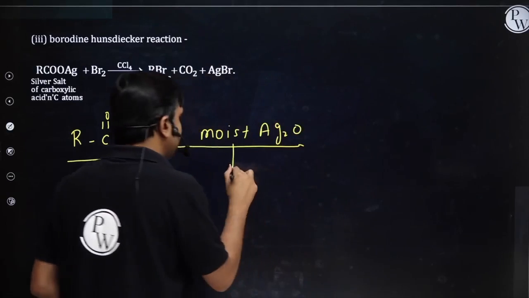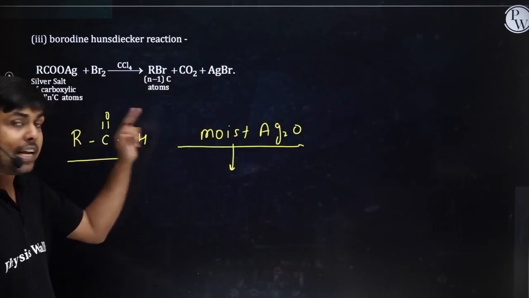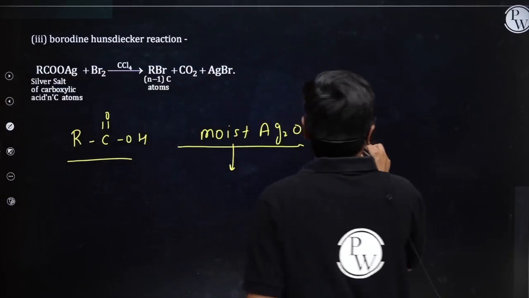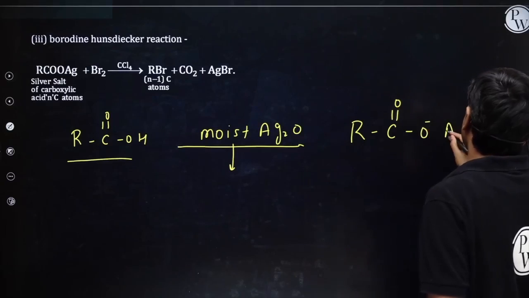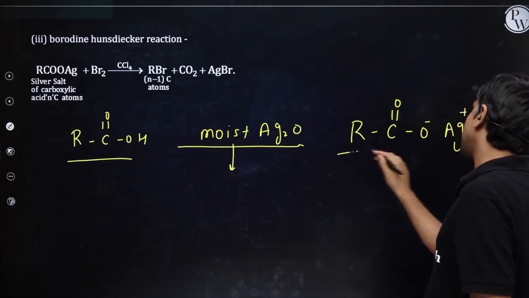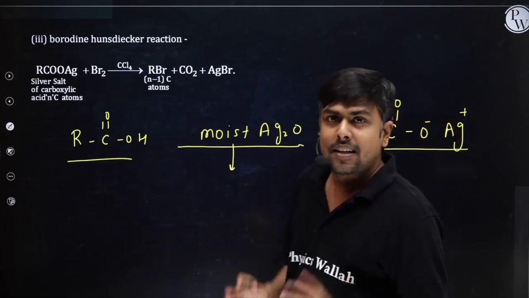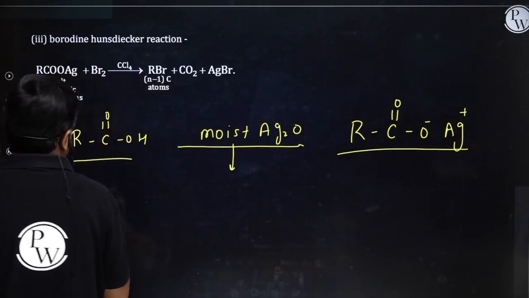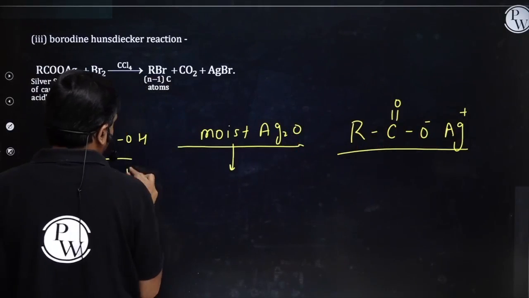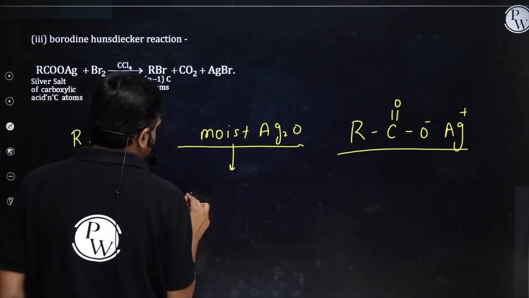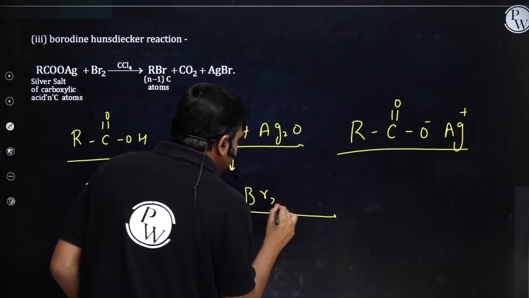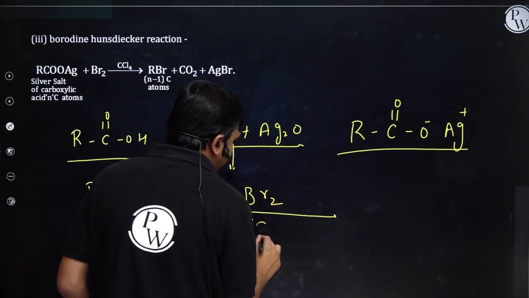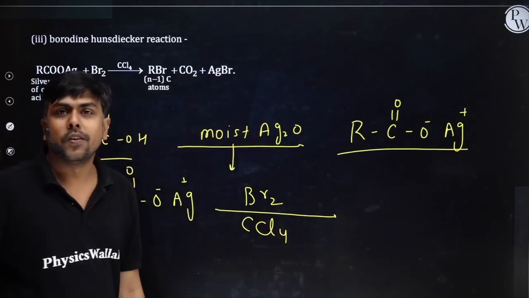This moist Ag2O, here I will have acid base reaction and it will lead to the formation of RC double bond O minus Ag plus, silver salt of carboxylic acid. This silver salt of carboxylic acid is treated with Br2 in the presence of a non-polar solvent CCl4.